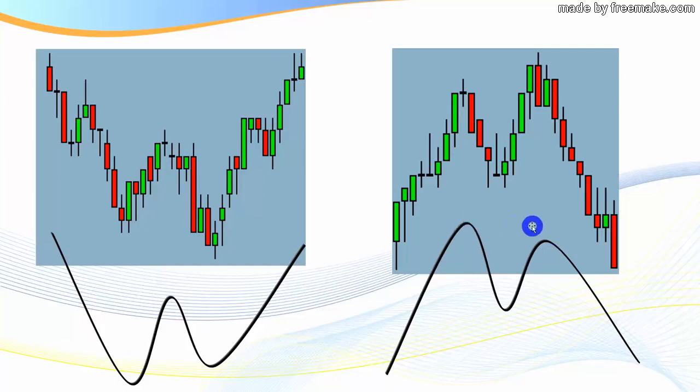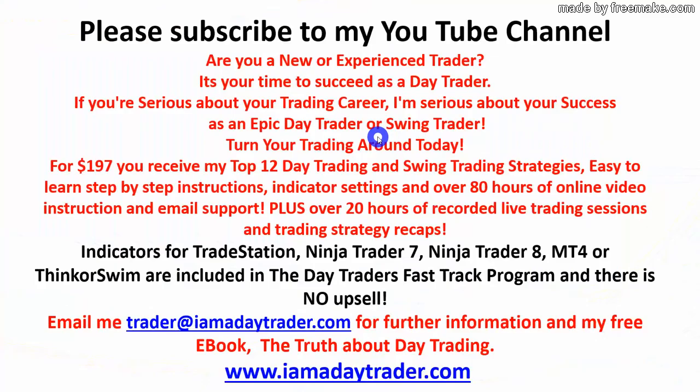Now you can still take them, by the way, if you've got a double top on your oscillator and a double top on price action, but better probability. And if I had a double top on price and I've got my divergence, that's still fantastic. I love my double tops and my double bottoms, but I really want to see divergence on the oscillator. To me, that is very, very important.